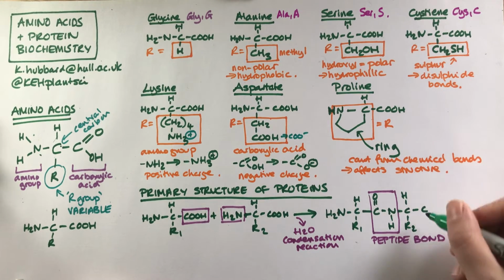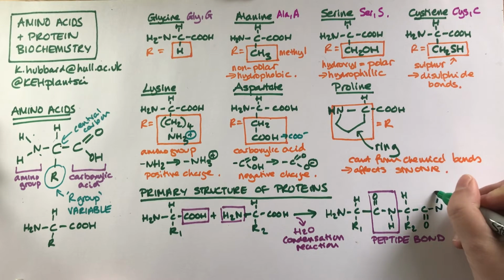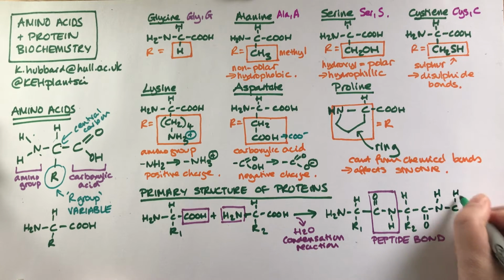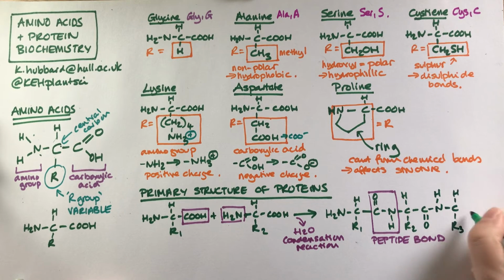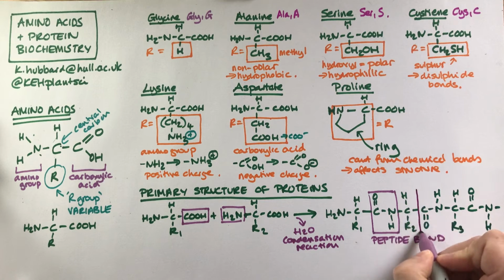So what we'll end up with, if this is the next peptide bond, CHR3, and off we go. That will keep going. So in fact here I've got 3 peptide bonds that have formed.